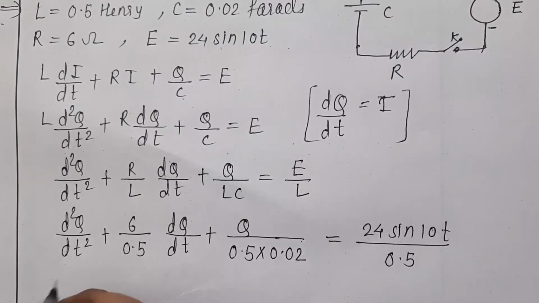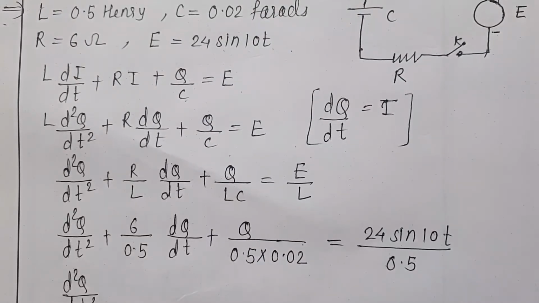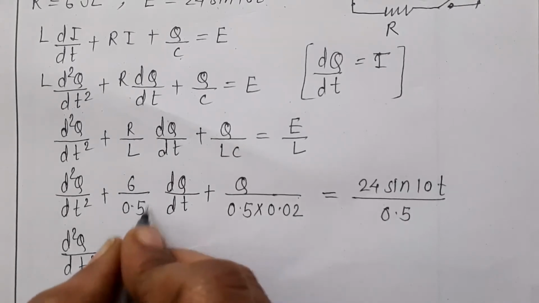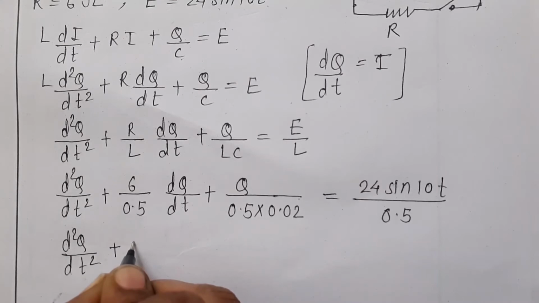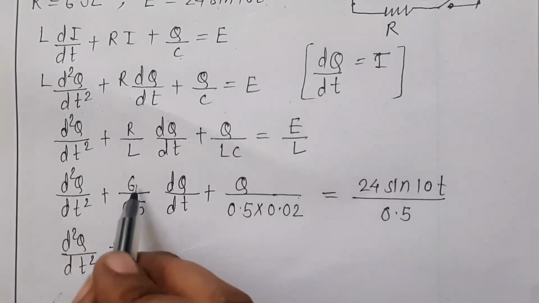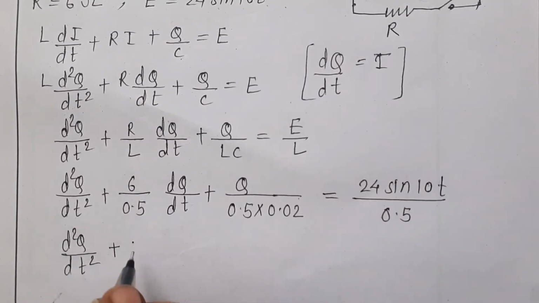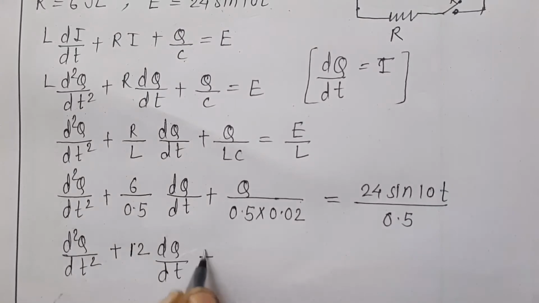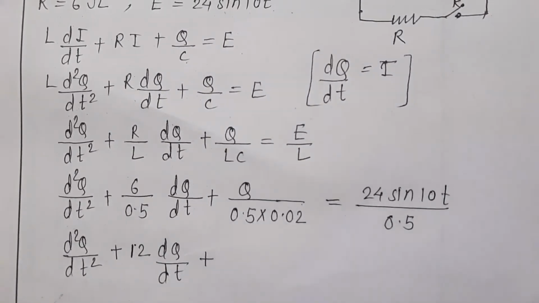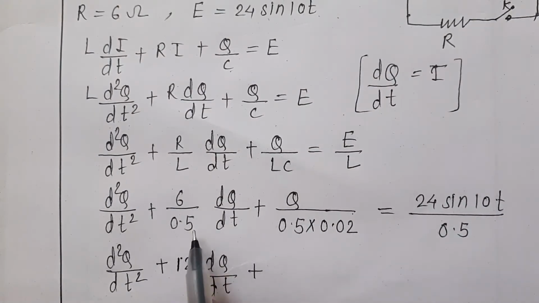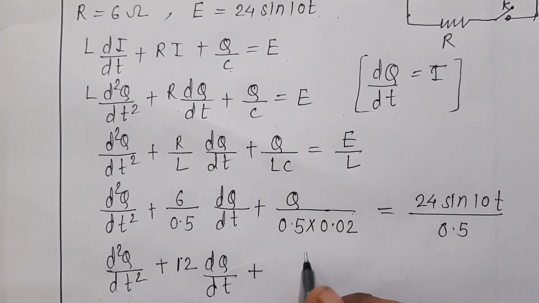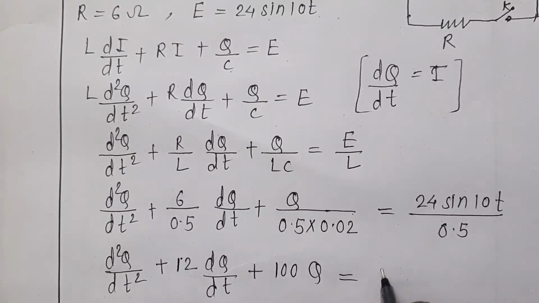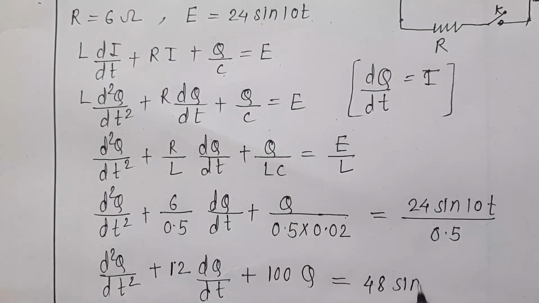So if we solve this, d2q by dt square plus, 6 by 0.5 means 60 by 5, which is 12 dq by dt, plus 1 upon 0.5 multiplied by 0.02, which is 0.01, so 1 upon 0.01 is 100 q, is equal to 24 by 0.5, meaning 240 by 5, which is 48 sin 10t.